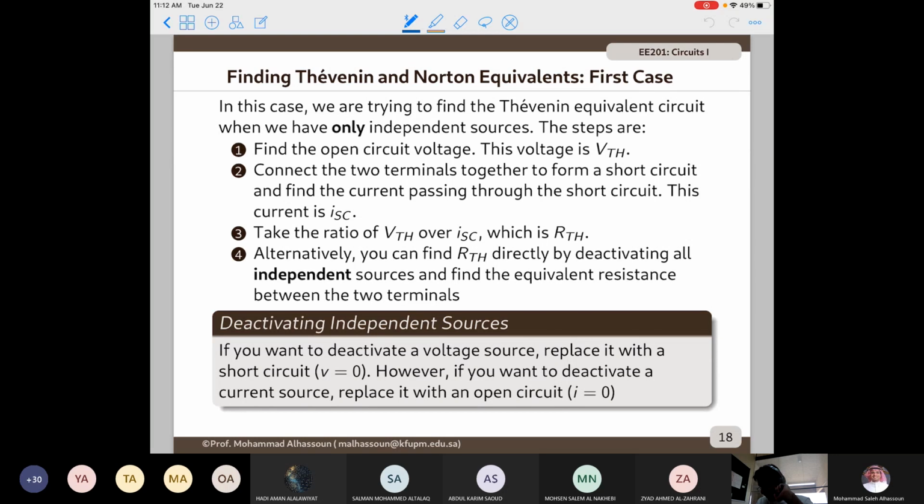So you may ask yourself how to find the Thevenin and Norton equivalent circuit. So there are multiple cases. The first one is you start with, well, do I have dependent sources? If the answer is no, let's see how to find it.